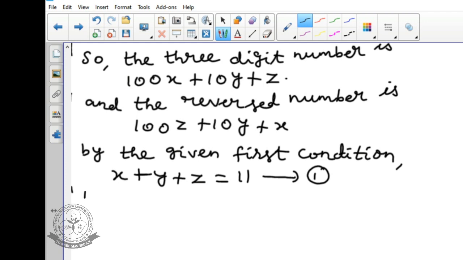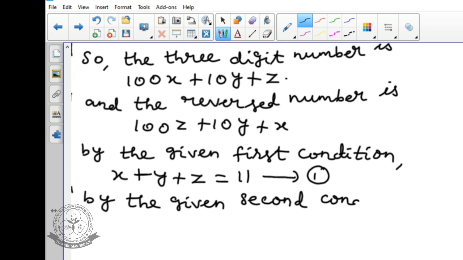Next, by the given second condition. What is our second condition? If the digits are reversed, the number is 46 more than 5 times the former number.